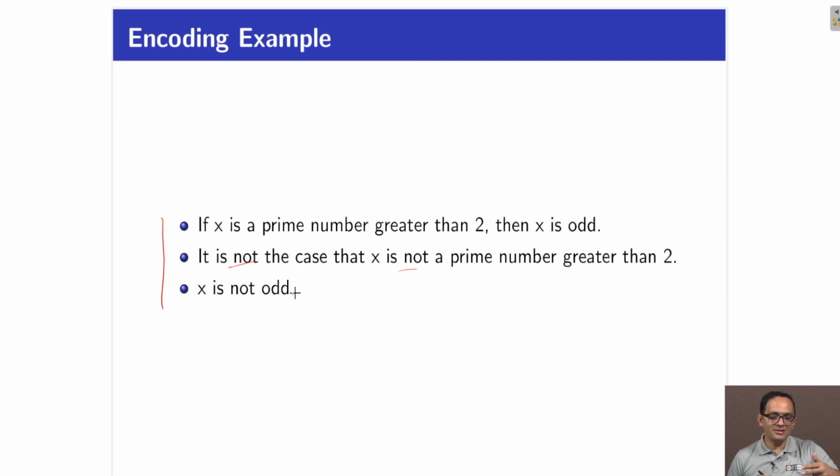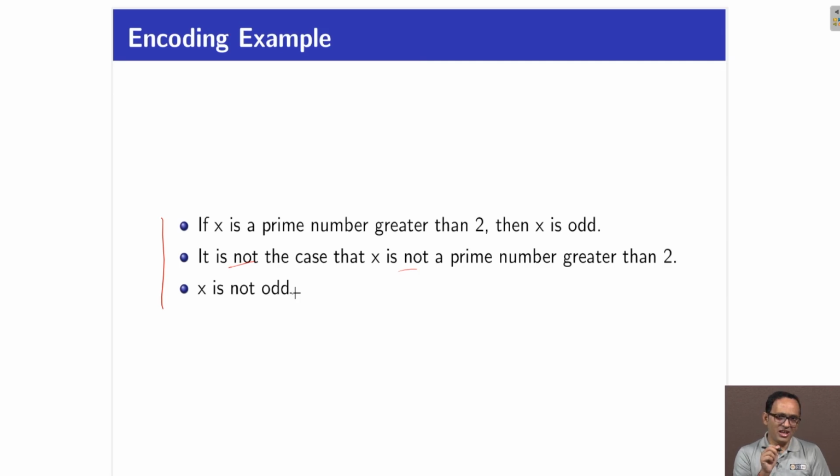So, clearly these three statements are not true together, right, because you are saying that x is a prime number greater than 2, so this must be odd, that is what the first sentence said, and then you are saying no, x is not odd, right. So, that means this cannot happen. So, if you encode these three English sentences, eventually this should return unsatisfiable, right. So, it is basically false under all scenarios.